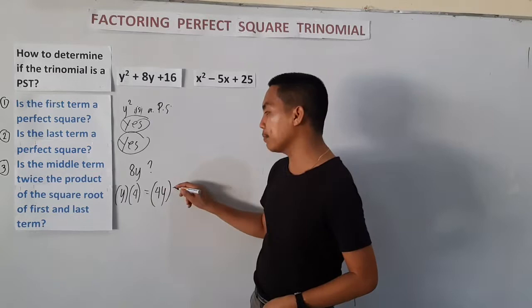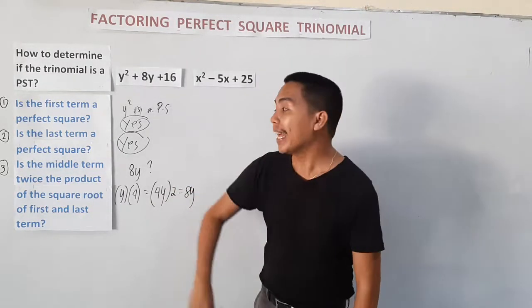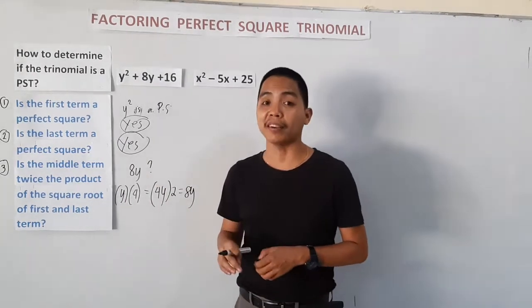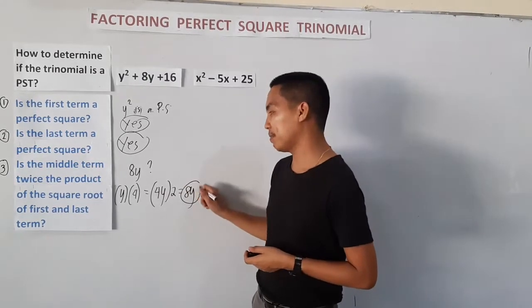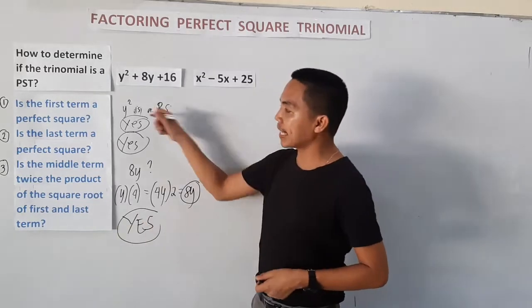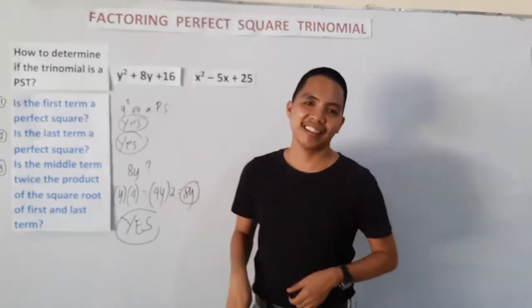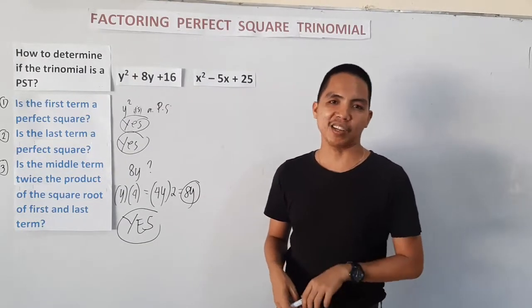So 4y times 2, we have 8y. Is the middle term twice the product of the square roots of the first and the last term? Yes. Pag yes ang sagot sa tatlo, meaning the given trinomial is a perfect square trinomial.